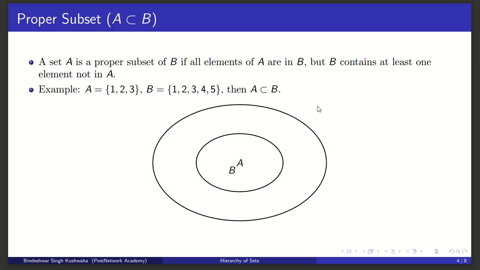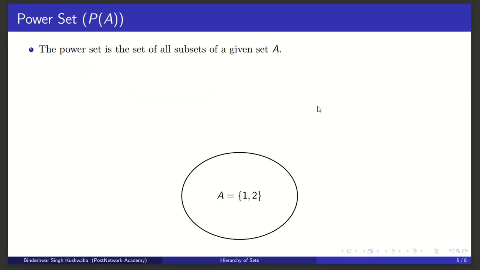Example, A contains 1, 2, 3 and B contains 1, 2, 3, 4, 5. Then A is a proper subset of B because 4 and 5 are not in A. So A is a proper subset of B because A does not contain 4 and 5.